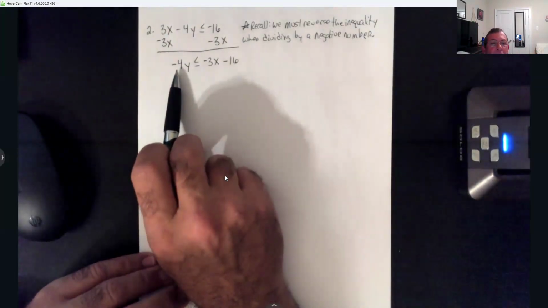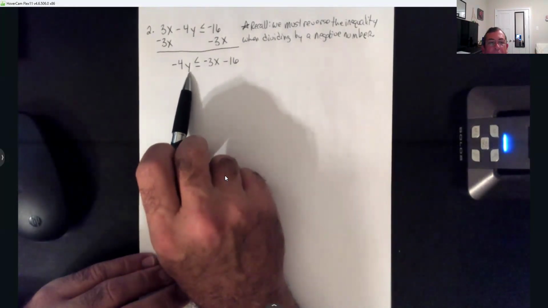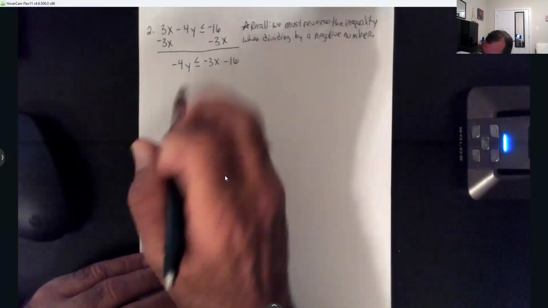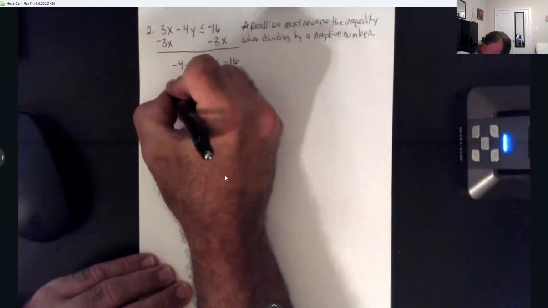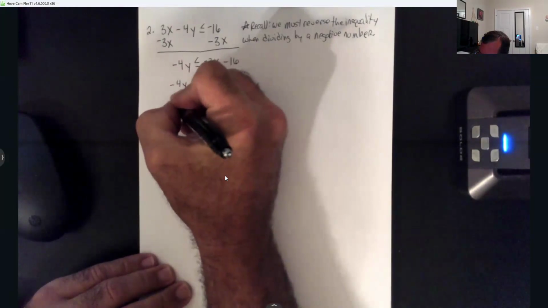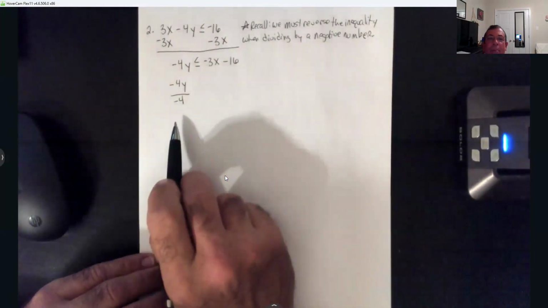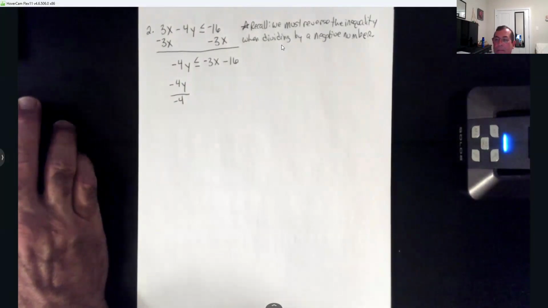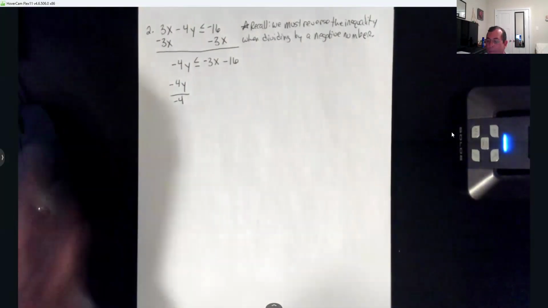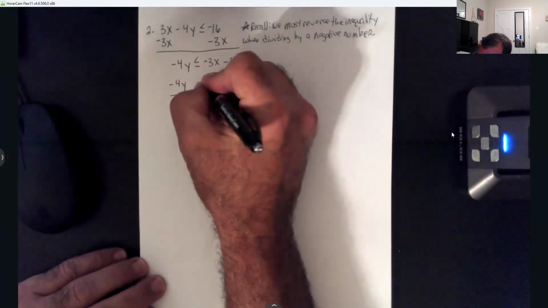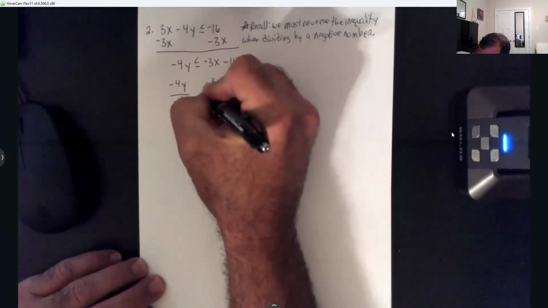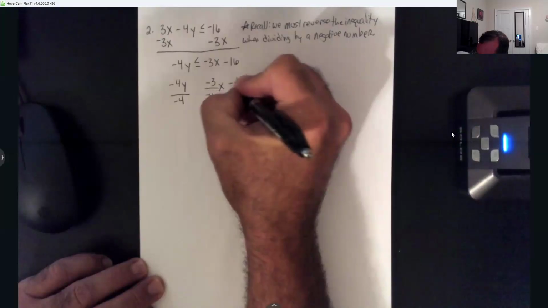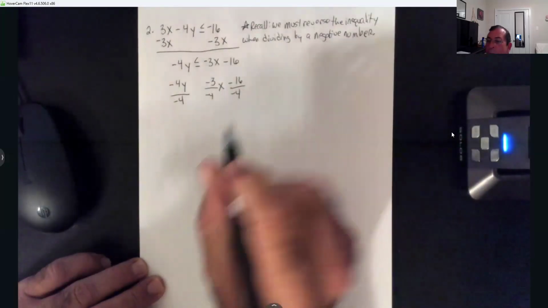But y'all look here. I now got a negative 4y here. We need to make that a positive y. So to turn a negative 4y into a positive 1, we got to divide by negative 4. That means I'm going to divide negative 3 by negative 4 for my x, and then my 16 by negative 4.